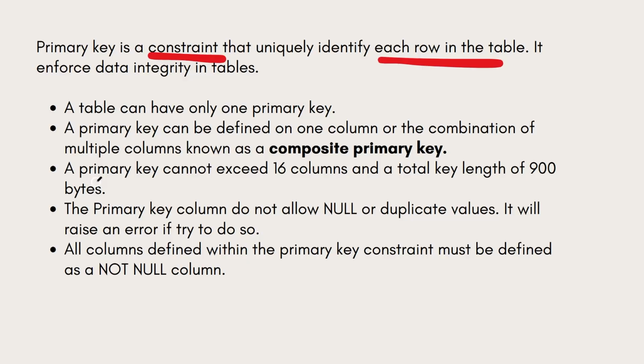A primary key cannot exceed 16 columns. So when you are creating a composite primary key, you cannot involve more than 16 columns. And primary key do not allow null values. This is very important. And primary key column will not allow duplicate values also.